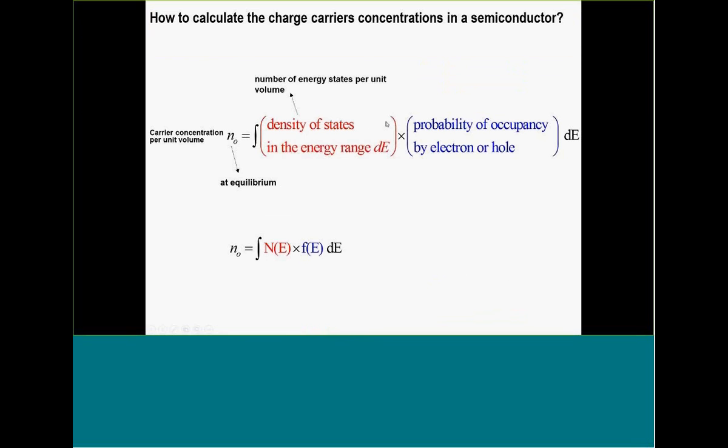So now, you have looked just now at the density of states in the energy range that we calculated between EC plus KT and EC, which is a lot, isn't it? So now, what about the probability of occupancy by the electron? How are we going to get this value, the F of E?